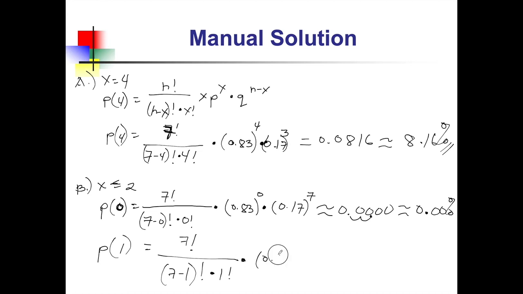Multiplied to 0.83. Mag-4 decimal tayo lagi sa sagot. So, 0.83 raised to x, which is 1, multiplied to our value of q, which is 0.17, raised to n minus x, which is 7 minus 1, or basically that is 6.